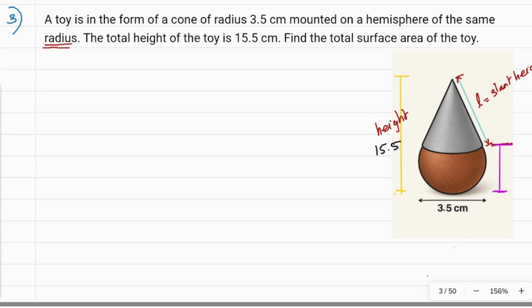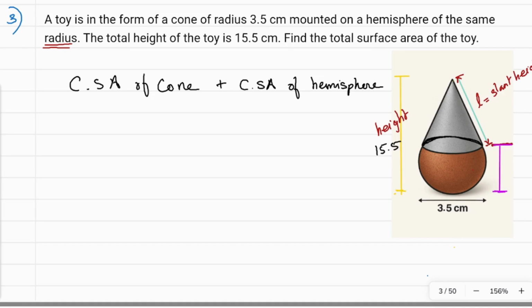So if you want to find the total surface area of the toy, we don't need to find the TSA of the cone as well as the TSA of the hemisphere. Why? We need to find the CSA of the cone plus CSA of hemisphere, which will give us the total surface area of the toy. Because if we take the TSA, in the case of the cone, we will have to add that circular part which is coming inside the toy, as well as the circular region inside the hemisphere.